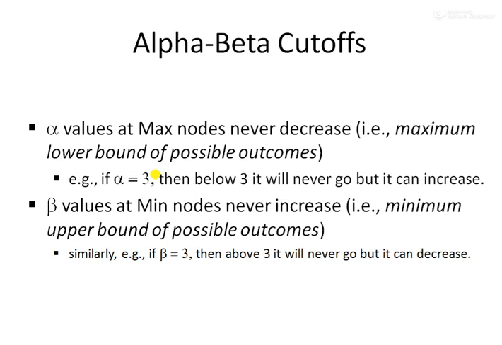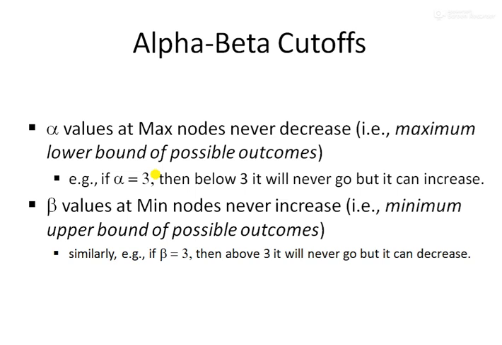So alpha values at a max node never decrease. That means if max has got some alpha value, after getting the value, the value will not decrease, but it can increase. From that value it will not be decreased. That's why it is known as the maximum lower bound for some possible outcome.